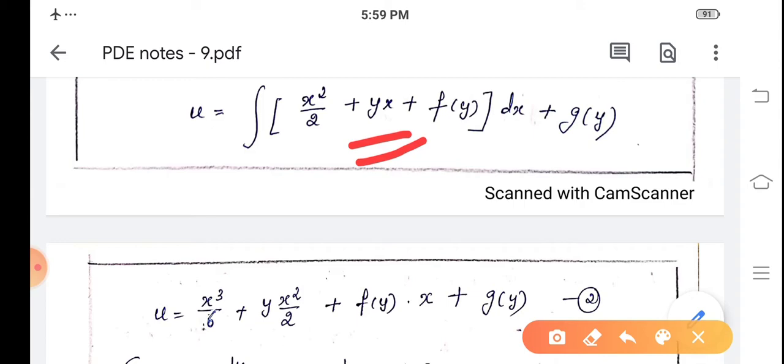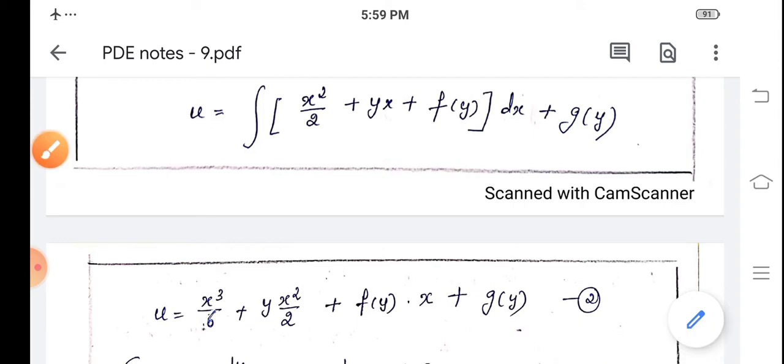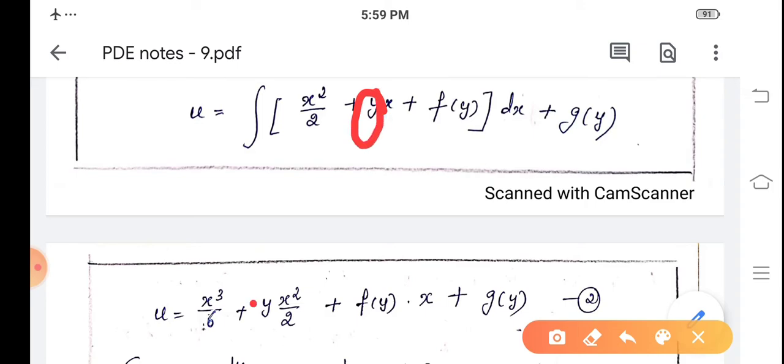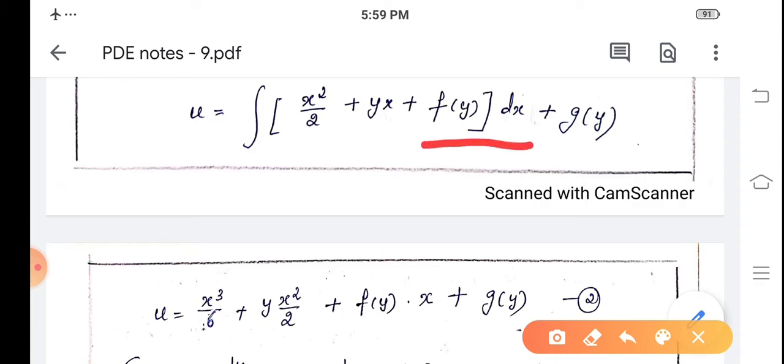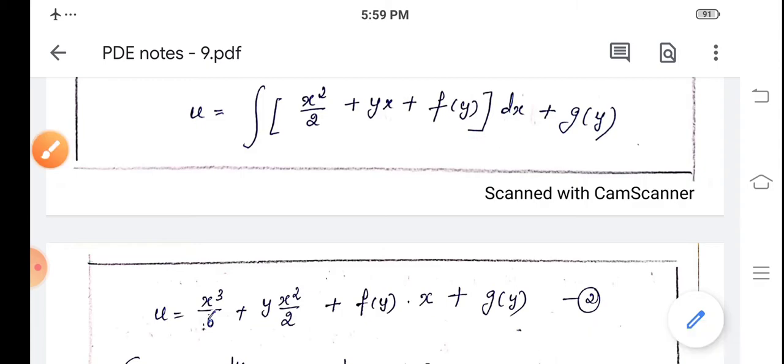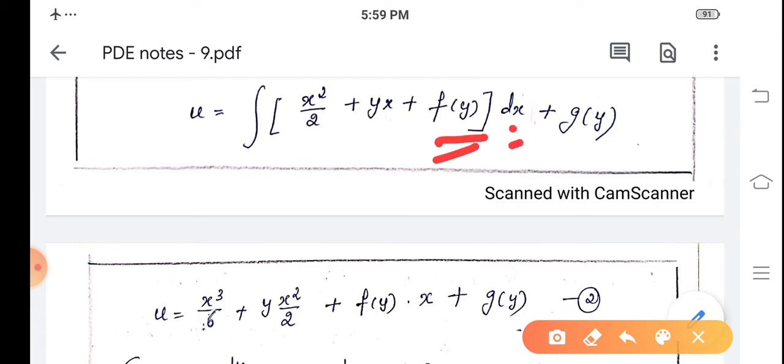Next we have yx. Integration of yx with respect to x: y is constant, and integrating x with respect to x gives x square by 2. So it is y into x square by 2. Next, plus integration of f of y dx. Integration of f of y with respect to x.